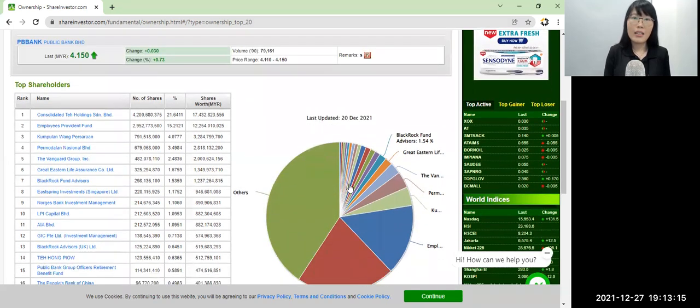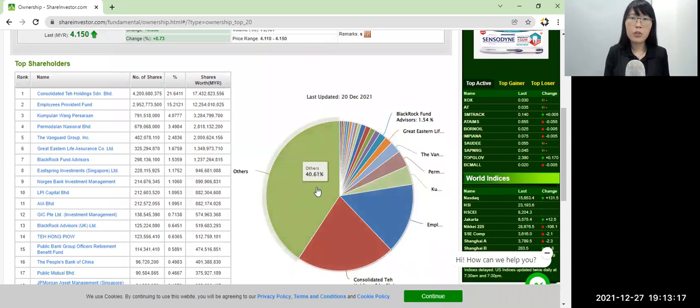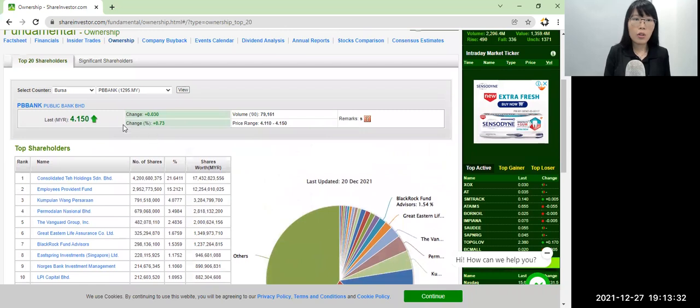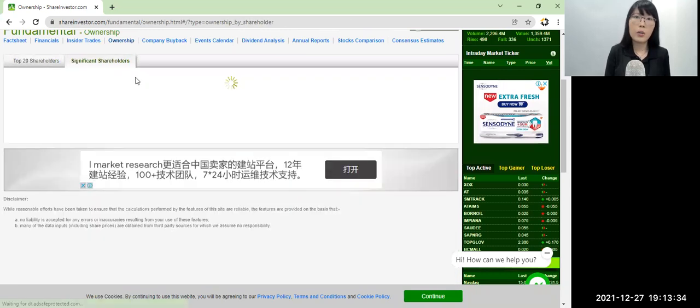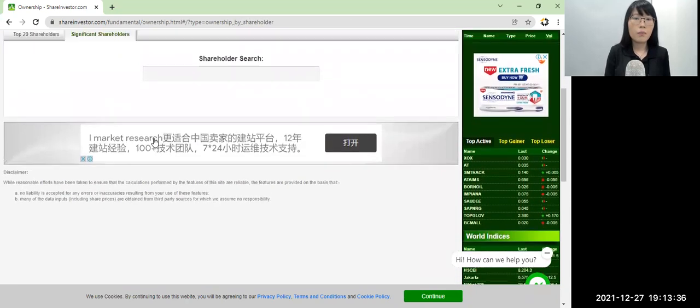Okay, these are the pie charts. We've shown you the top 20 shareholders for Public Bank shares, last updated on 20th of December 2021. Of course, you can also go to the significant shareholders.